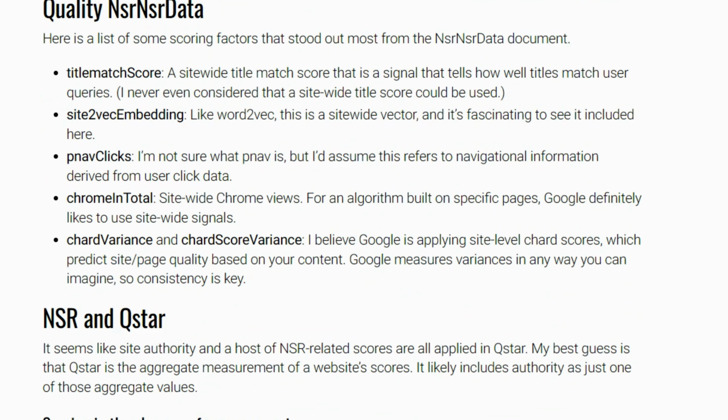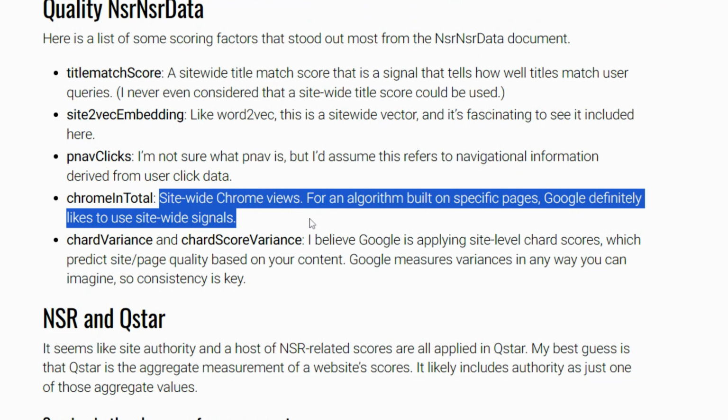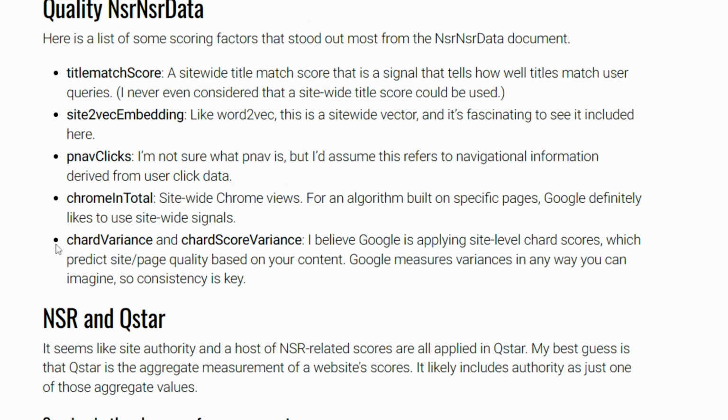Here, this metric is for site-wide Chrome views. So this is another interesting one that shows that Google does use Chrome data, and it uses it with these site-wide signals.